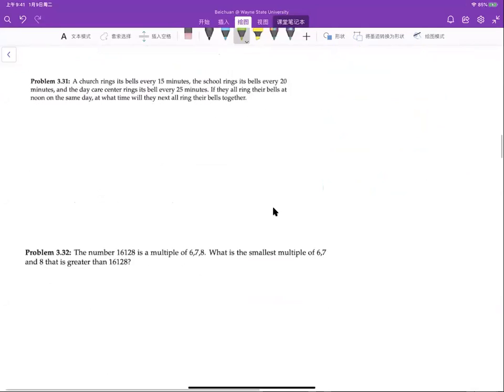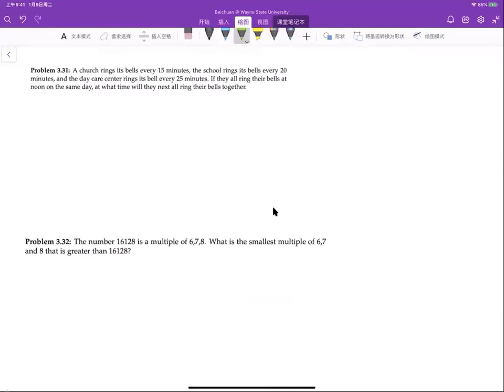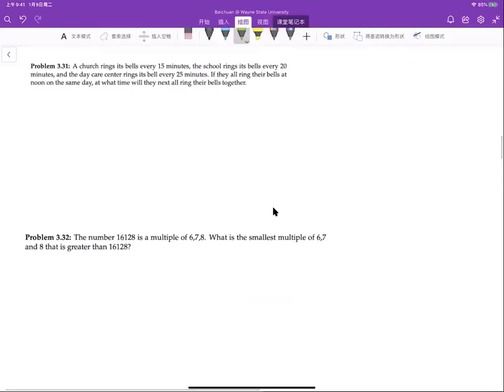All right, so 31. So this is a pretty long problem. So a church rings its bells every 15 minutes.